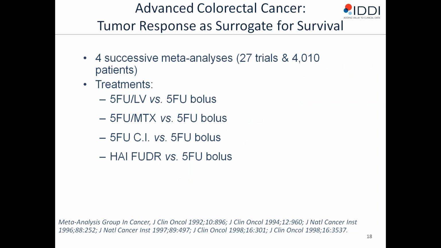So I want to go back to some historical exercises that we have conducted. This is the example of evaluation of the tumor response as a surrogate for survival in advanced colorectal cancer. In this analysis, we used 27 trials with about 4,000 patients. And in these trials, 5-FU bolus was compared with some modifications with leucovorin, methotrexate, and so on.